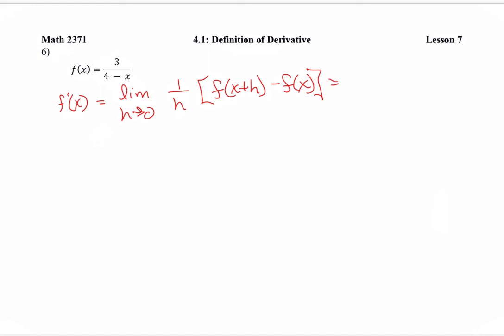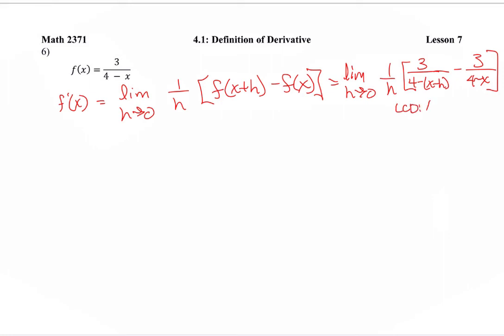So this is the limit as h goes to 0 of 1 over h times 3 over 4 minus x plus h minus 3 over 4 minus x. So again, we're going to find our LCD, which is going to be 4 minus x times 4 minus x plus h.